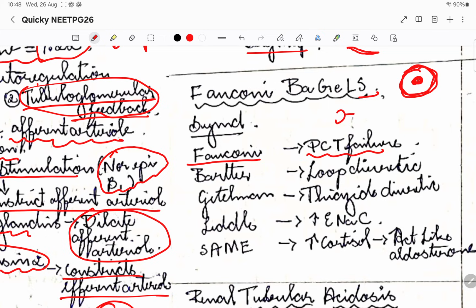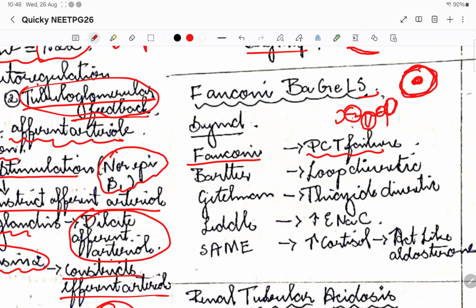The nephron has the PCT, loop of Henle, DCT, and then the collecting tubule. If there is a defect in each region, it is going to be one of these syndromes. Fanconi syndrome means the PCT is affected, Bartter syndrome means the loop of Henle is affected, Gitelman syndrome is the DCT being affected, and Liddle syndrome is basically the ENaC channel, the collecting tubule being affected. So let us see one by one.